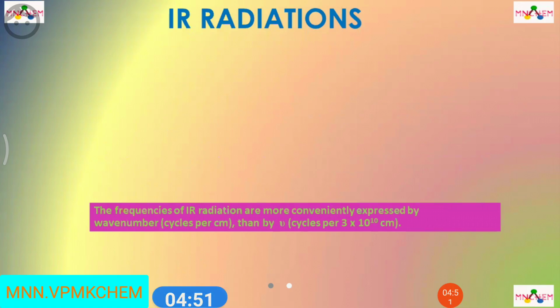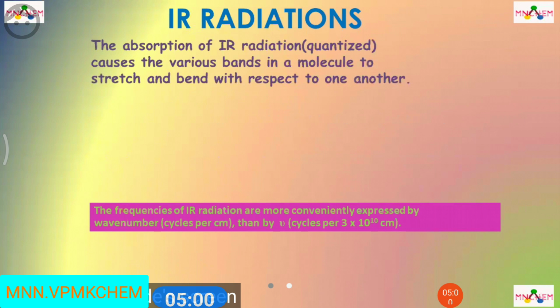Talking about IR radiations, we said the infrared radiation causes vibration in a molecule. The absorption of IR radiation is quantized, and it causes various bands in the molecules because of the stretching and bending with respect to one another.